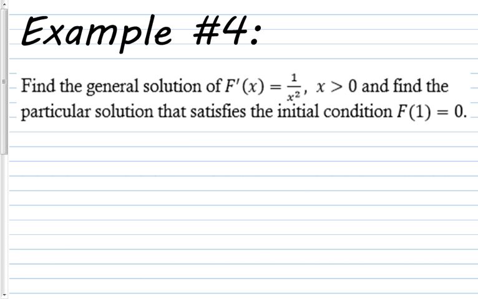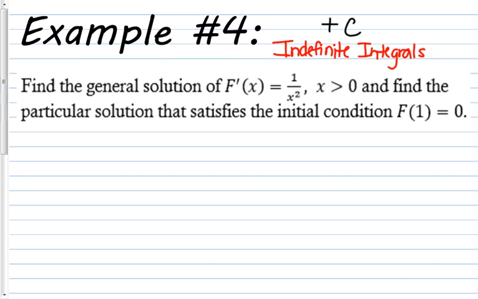Example 4, find the general solution. All right, so general solutions have to do with definite and indefinite integrals. Remember, indefinite integrals are the ones where we really don't know what they are. So since we really don't know, we always write plus c. We always have our constant of integration.